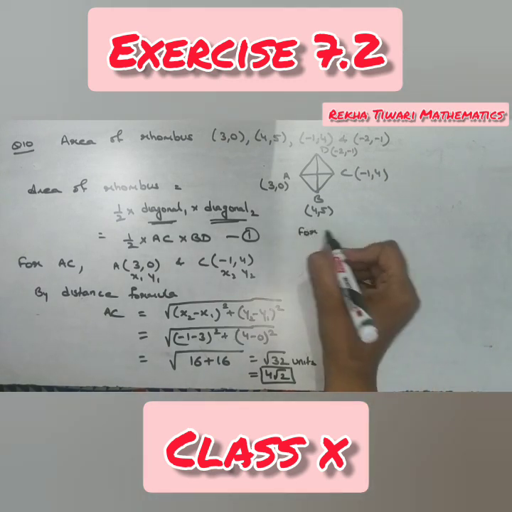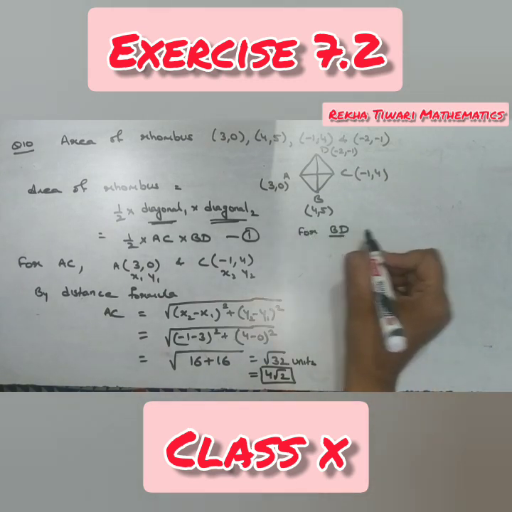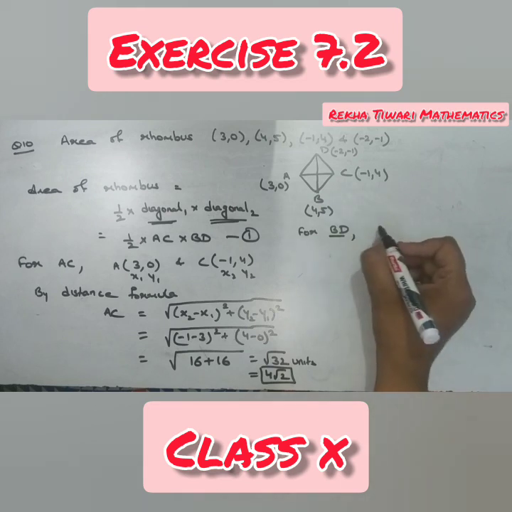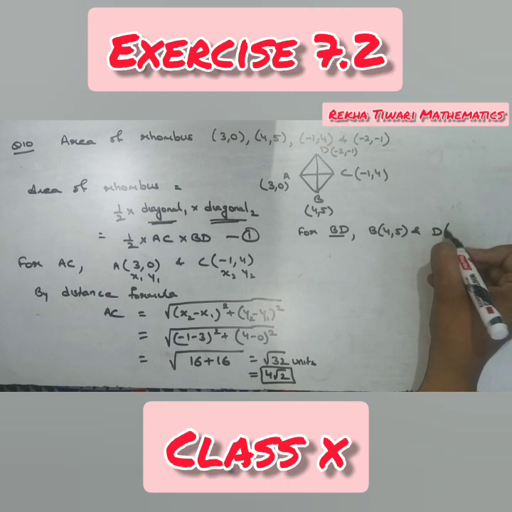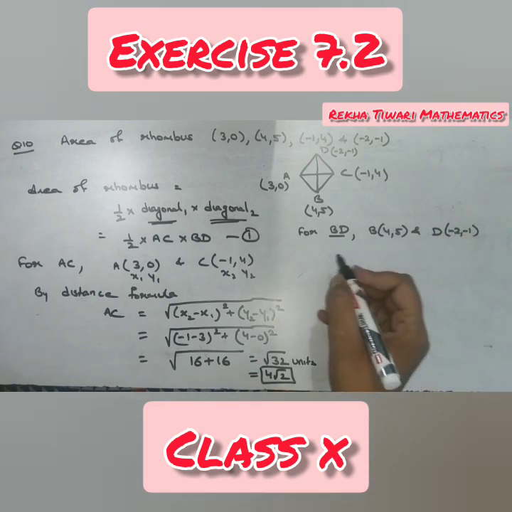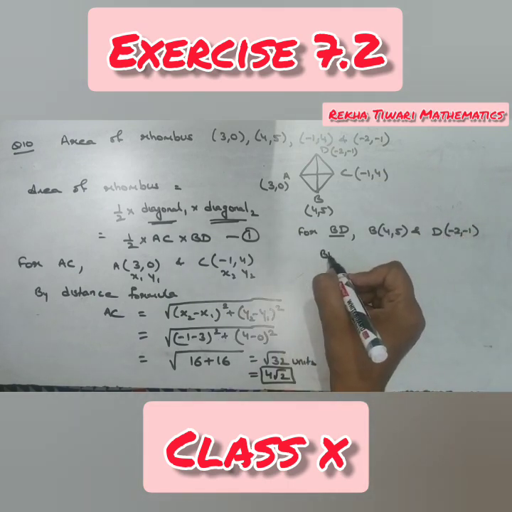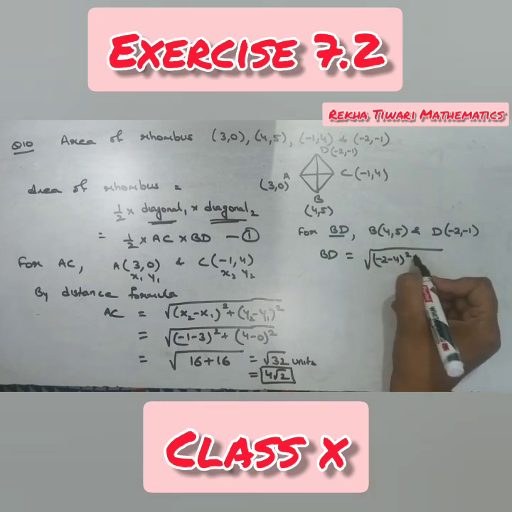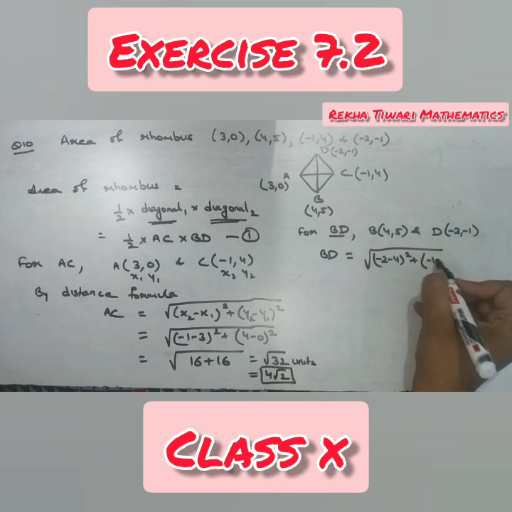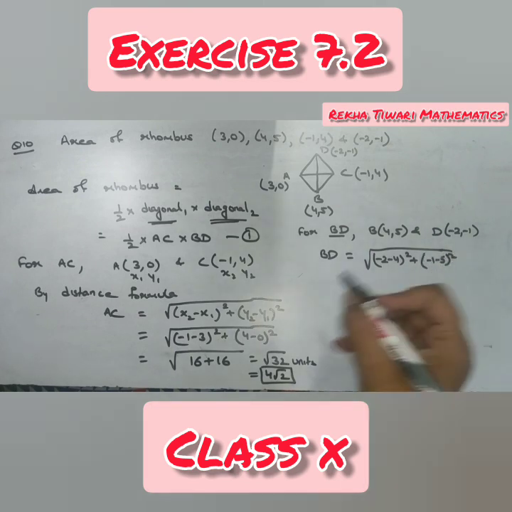Similarly for BD, take down the points B (4, 5) and D (-2, -1). So by distance formula BD will be (x2 minus x1) (-2 minus 4) whole square plus (y2 minus y1) (-1 minus 5) whole square.